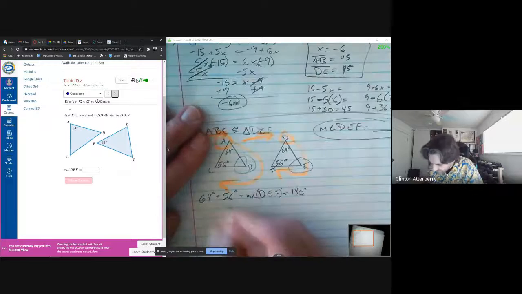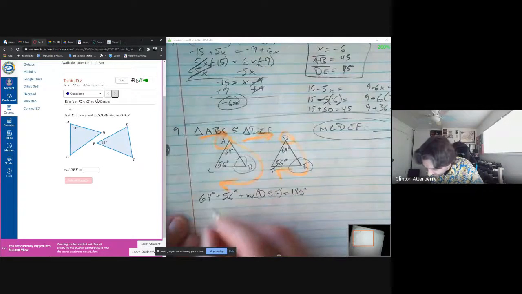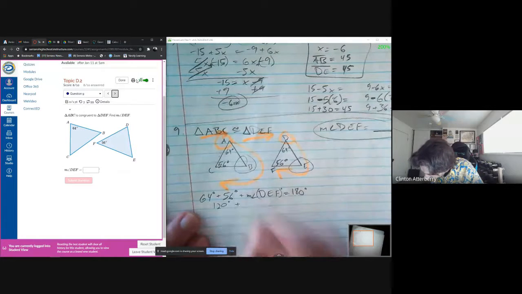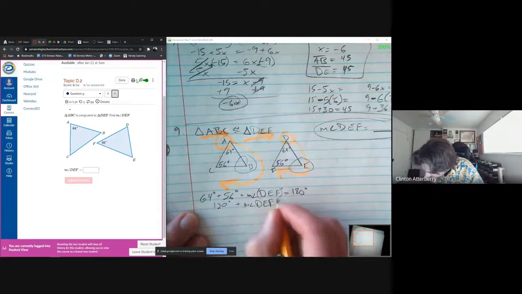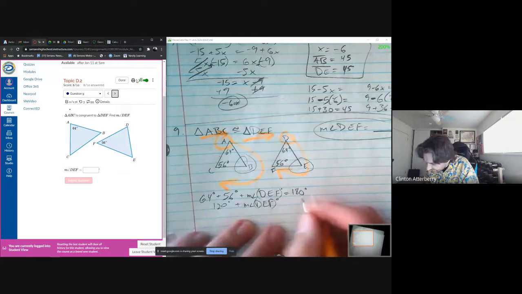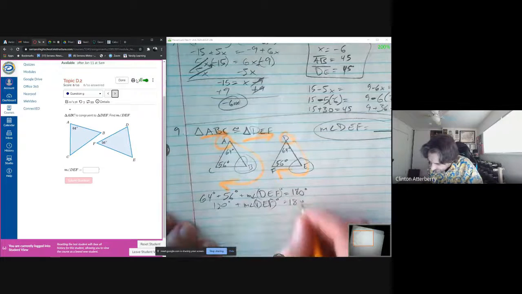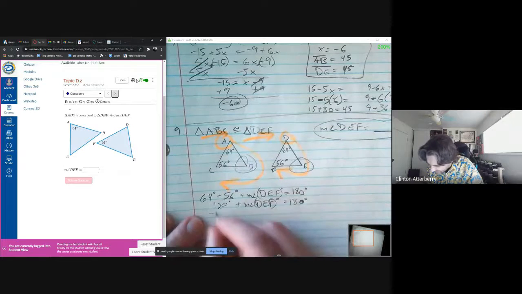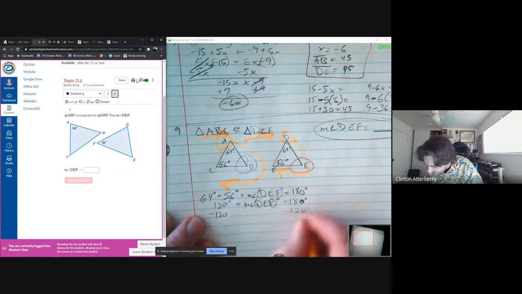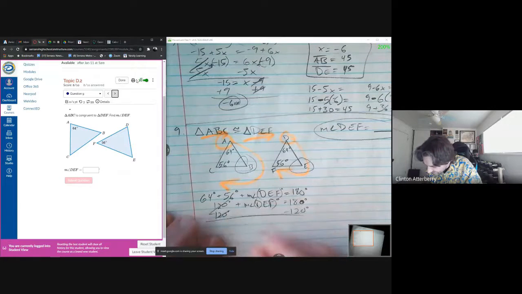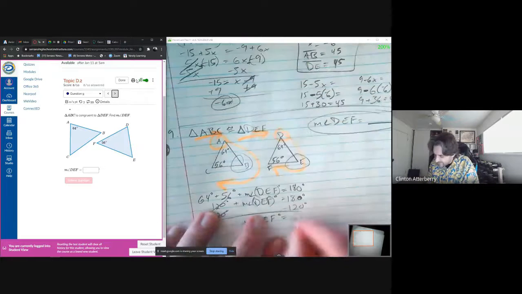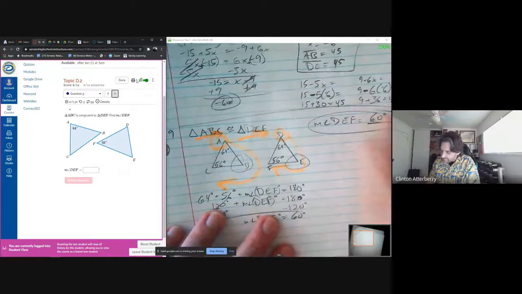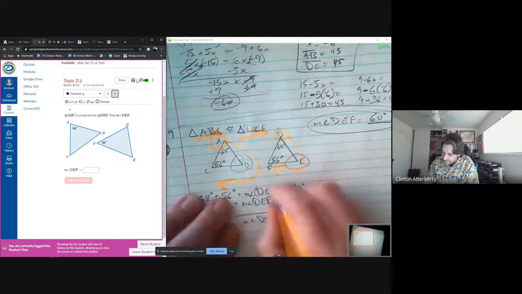So combine my like terms, it's going to be 120 degrees plus the measure of angle DEF, and that's going to be equal to 180. Subtract 120, subtract 120. What's left over is the measure of angle DEF is going to be equal to 60 degrees. I guess I don't have to write those little degrees there because it's implied.